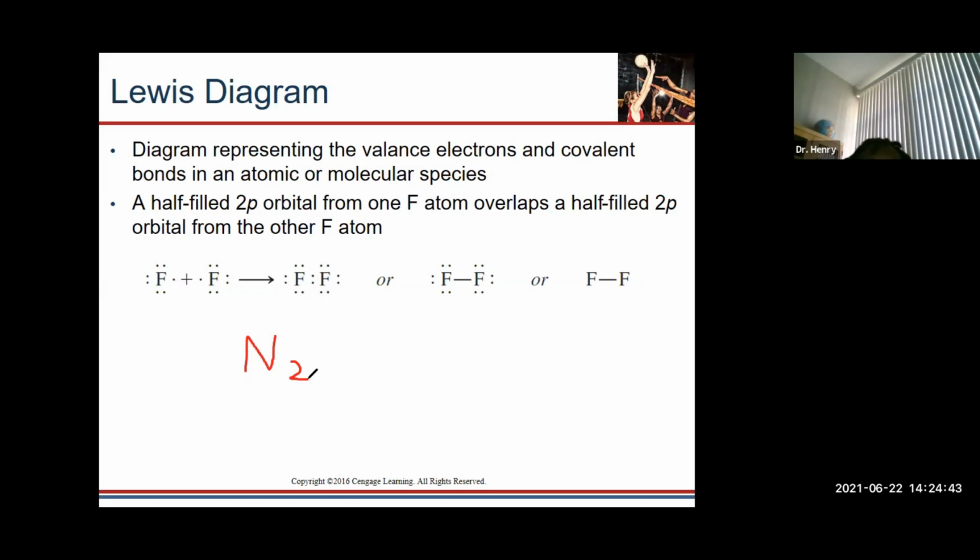How many valence electrons does each of the nitrogen have? Okay, 5 here. So altogether, how many electrons are we going to be working with? So we have a total of 10 electrons that we can work with. How can I set this up so that I have 8 electrons around each of the nitrogens?